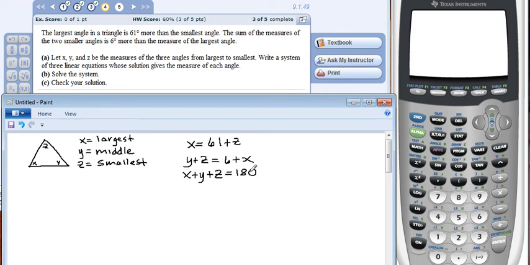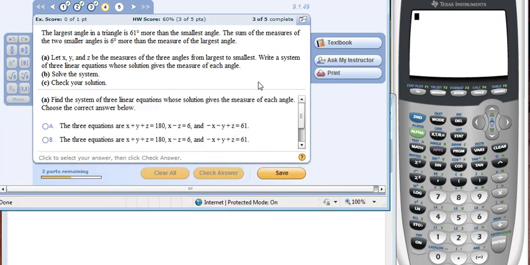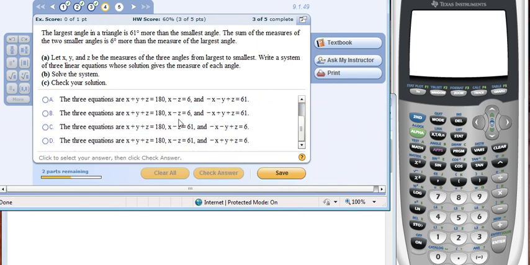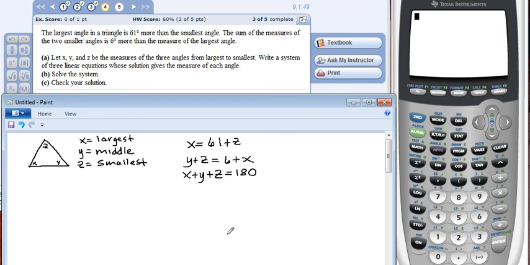Good. Now what I'm going to do is go back in here, and I've got these. So these are x plus y plus z equals 180. That's one of our equations. And then this one's in alphabetical order with x positive, and this one's in alphabetical order with x being negative. So I've got to move my stuff around so I can match them better. My first one is x plus y plus z is 180.